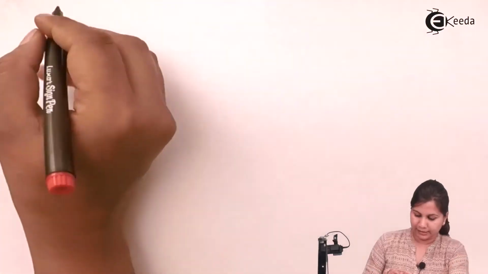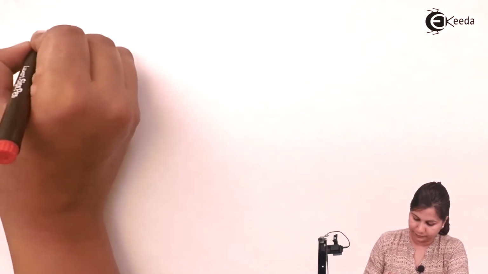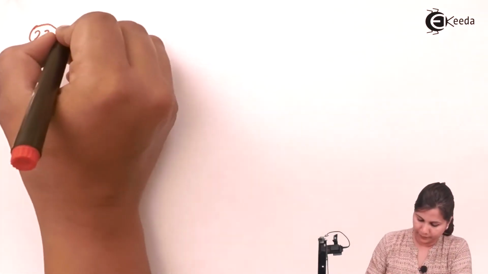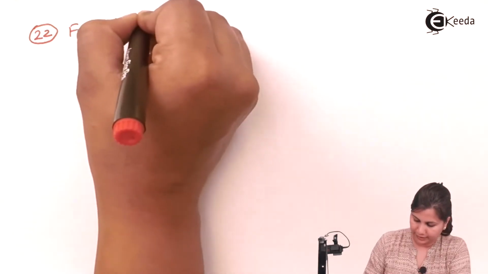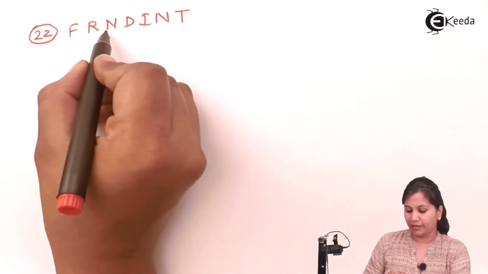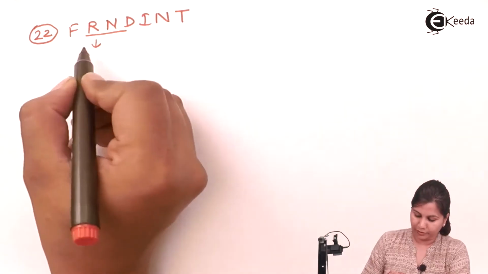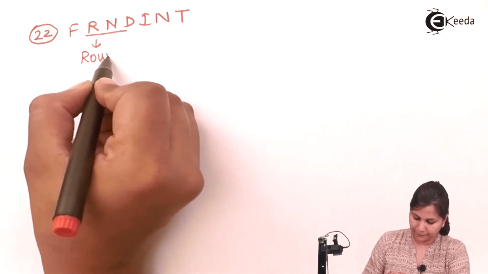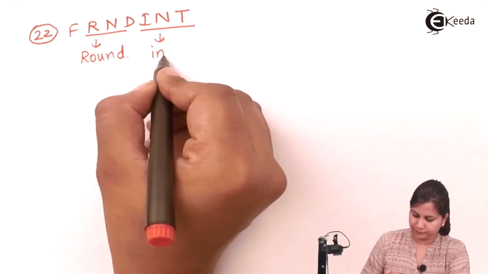Okay. The next instruction is FRNDINT. RND is for round and INT is for integer.